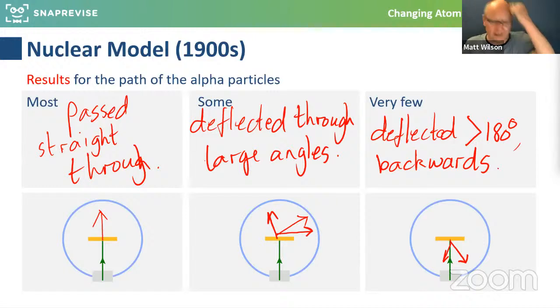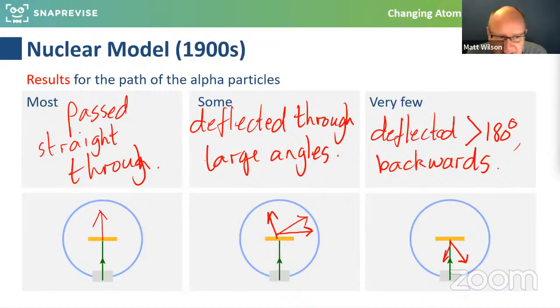What would it have to be interacting with in order to have its path changed? Because of the presence of a positive nucleus. So there's got to be something positive concentrated in this atom, which is difficult to find because these particles were not often affected by it.